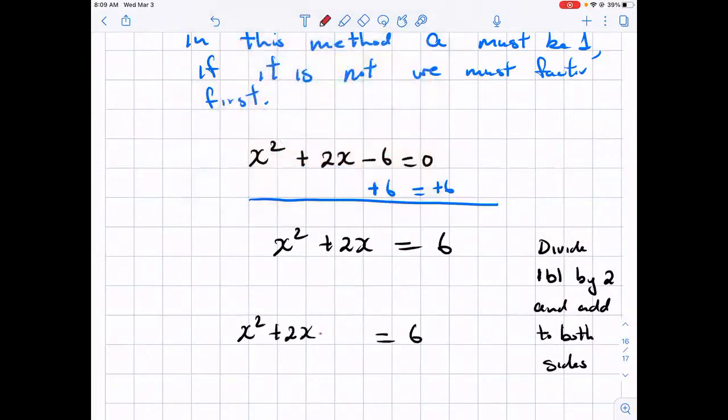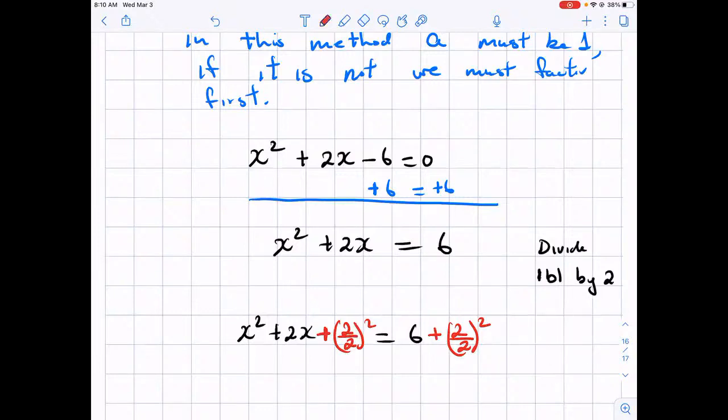But what I'm going to do is add b divided by 2, and we also have to square it. So divide b by 2, square it, and add to both sides. Okay, so we want to make sure we do that.